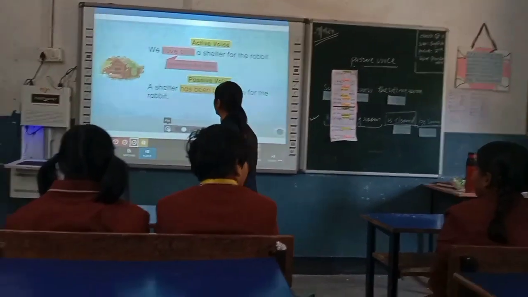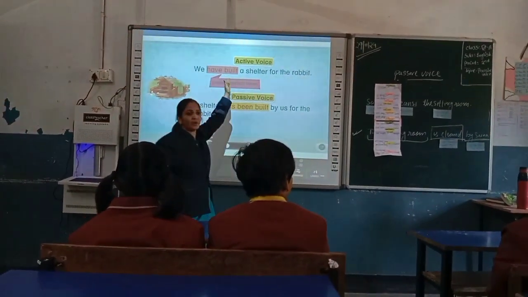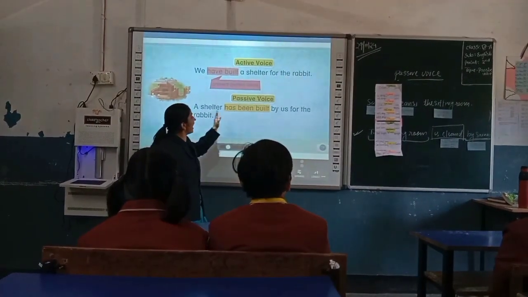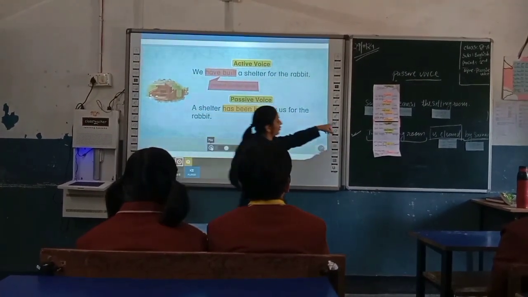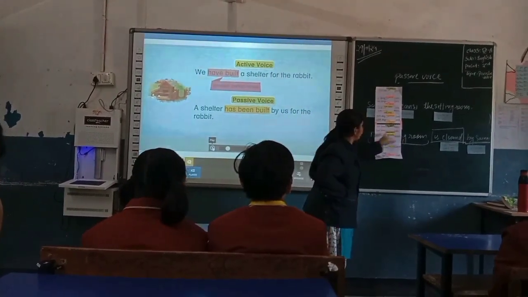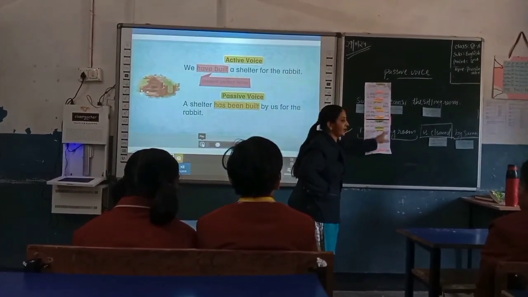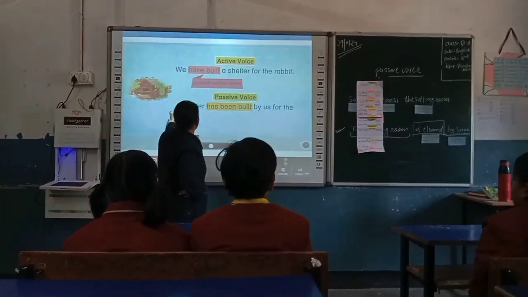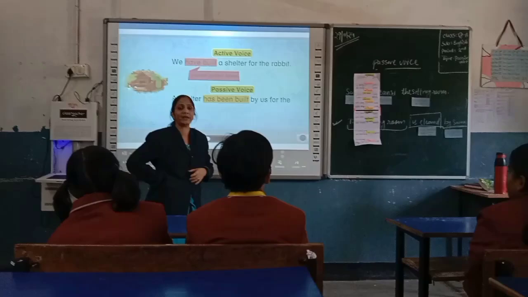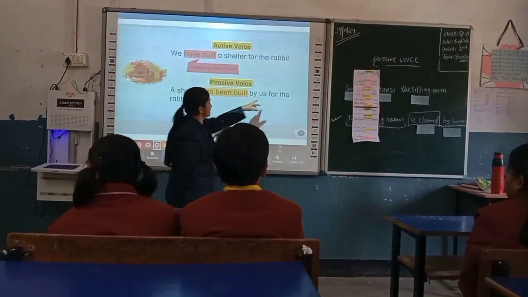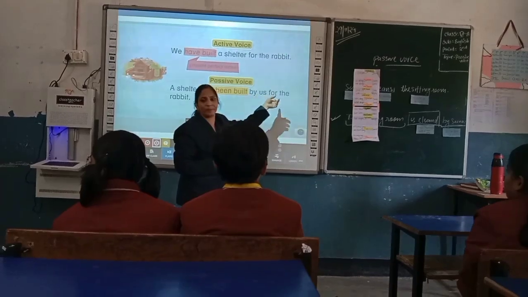As I told you, have taken becomes have been taken. Like that, we have built a shelter for the rabbit becomes a shelter has been built by us for the rabbit. This is once again the object complement.